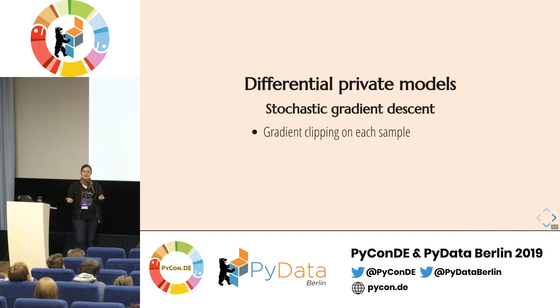Differential privacy, as I said, is not an algorithm. It's a general mathematical framework. So it also applies when you are training a model. In particular, if you're using stochastic gradient descent, and a lot of things are using stochastic gradient descent, to start with deep learning. So it's always the same idea. You want to never be able to tell for certain if a point was included in the dataset or not.